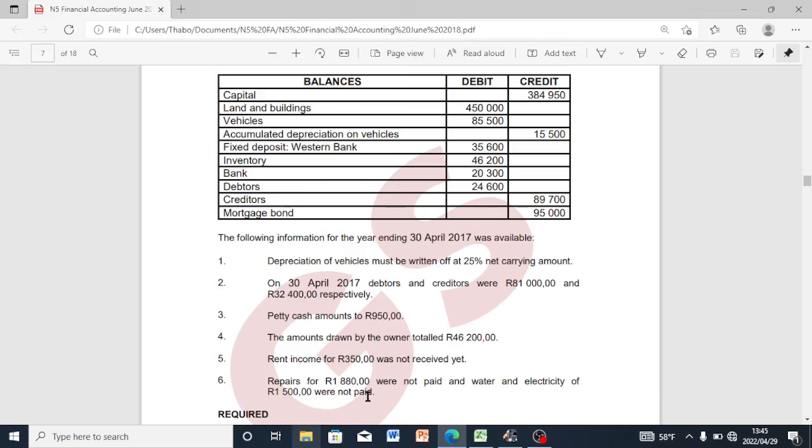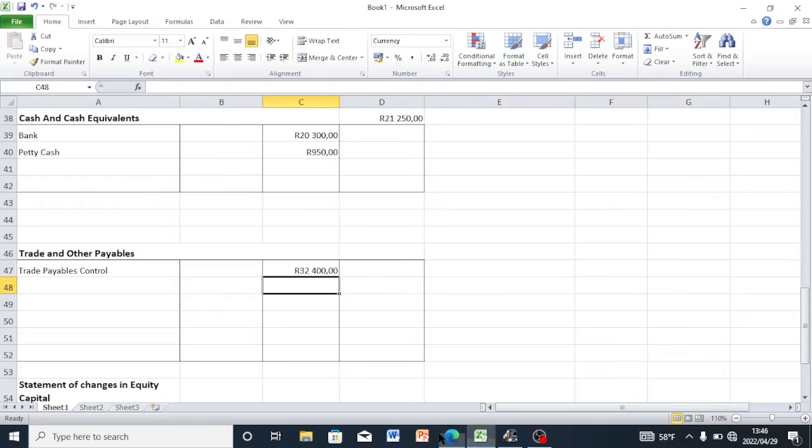So these accrued expenses are going to go under our trade and other payables. So what are accrued expenses?